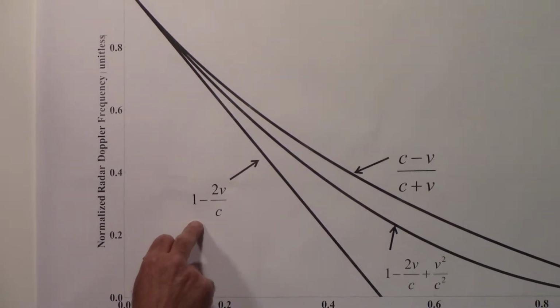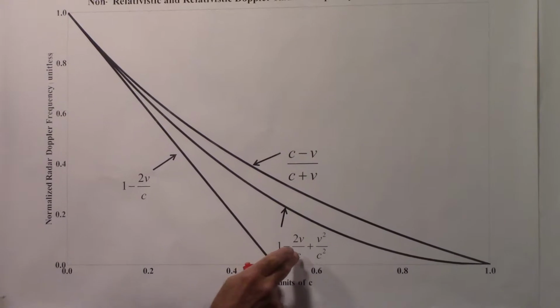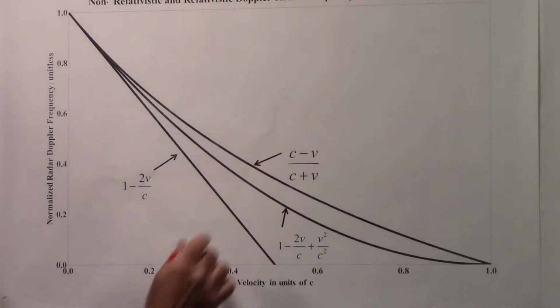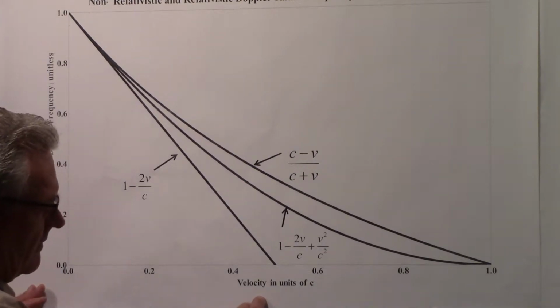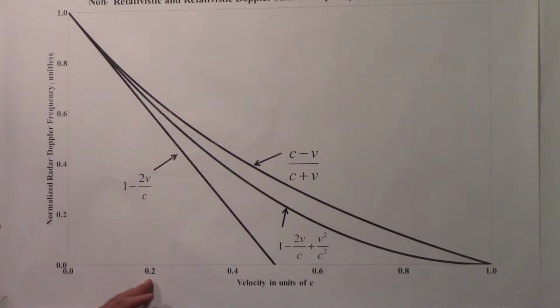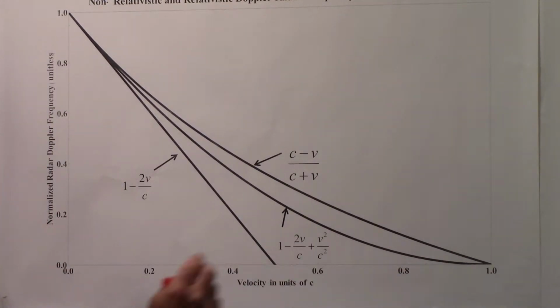This is the radar engineering case, this is the non-relativistic case, and this is the relativistic case. This is plotted in velocity in units of c. Here v is equal to 0.2 c, here v is equal to c, and we're not going to go beyond c. We don't want to break the speed limit.